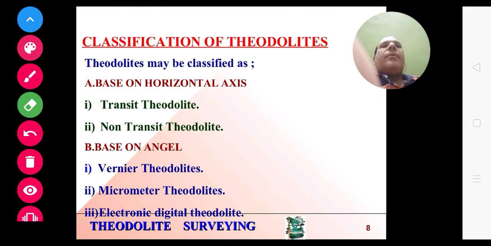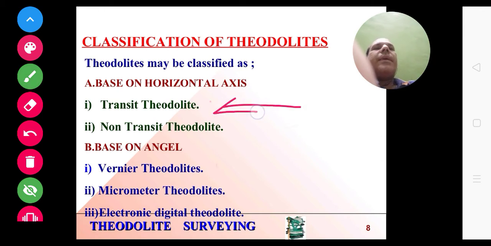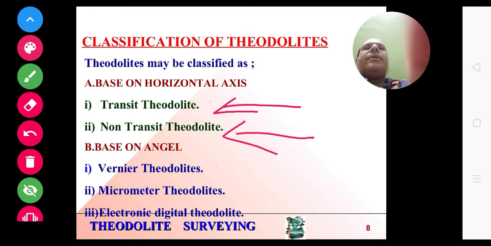We have already discussed there is a classification of theodolite. The theodolite is classified on the basis of its horizontal axis and the vernier or the scale. Depending on the horizontal axis, it is firstly classified as transit theodolite and second as non-transit theodolite.